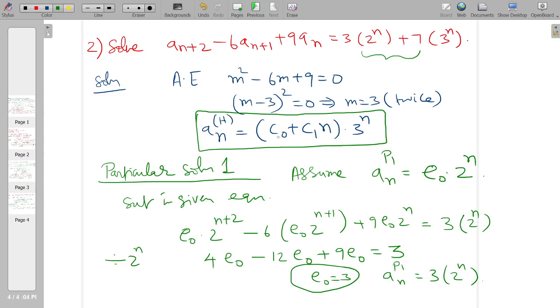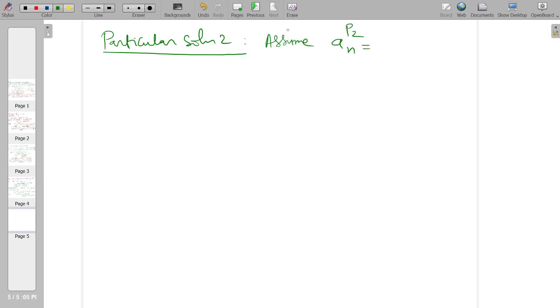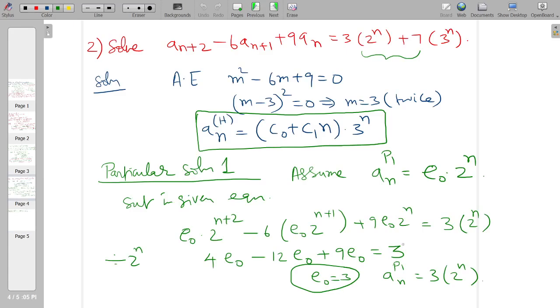Okay, now for the particular solution of the second part, you have to be careful here. Particular solution 2. So now what you have to do is assume a_n^(p2). You can see here the second part consists of 3 power n, and this 3 is a root of the auxiliary equation.